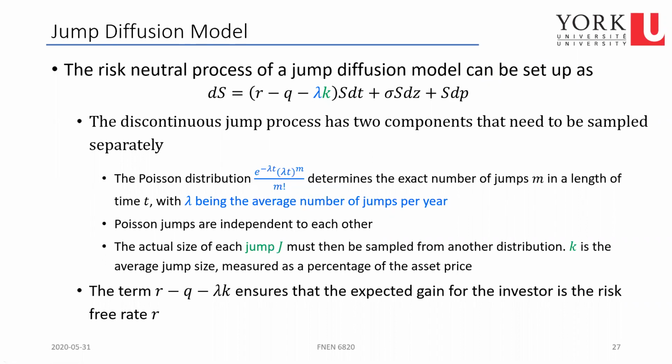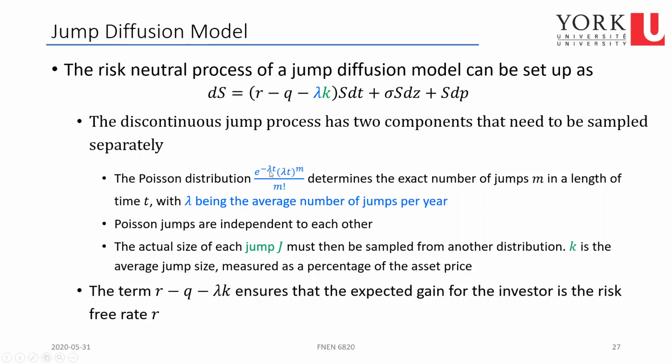So when you draw out of this distribution, you will draw how many jumps there are in a period of time, with an average lambda here. Lambda is really the average number of jumps per year.